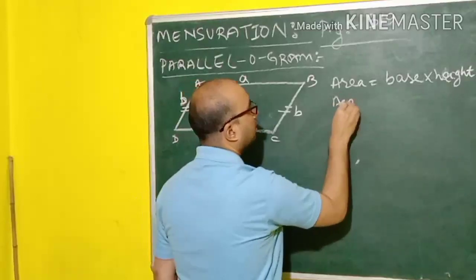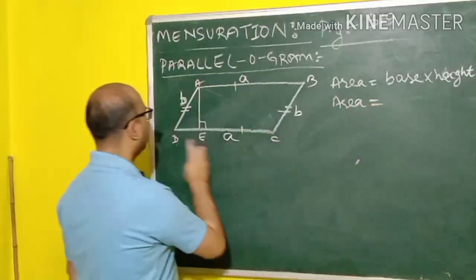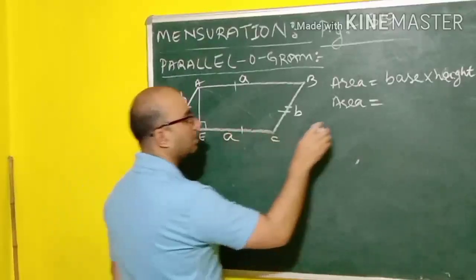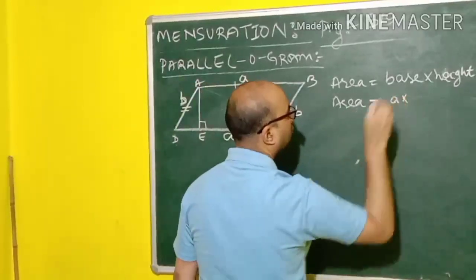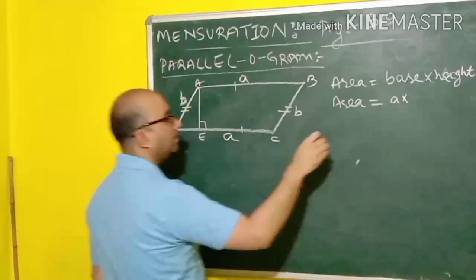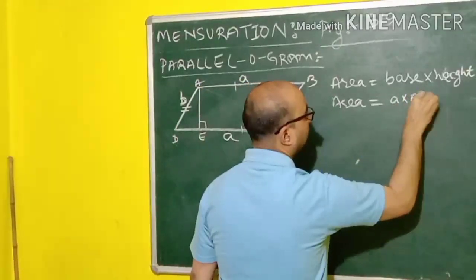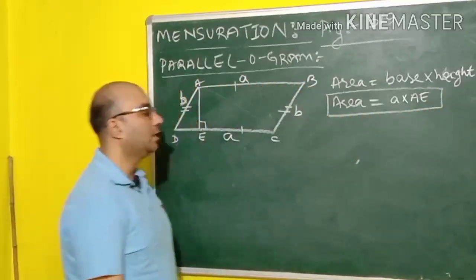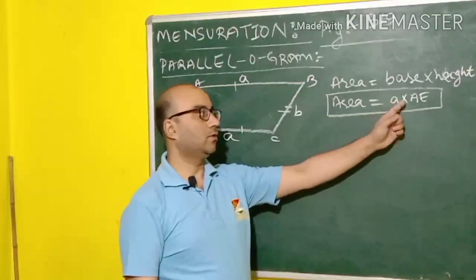So in this case the area will become, what is our base? Our base will become CD or A into what is our height? Our height is AE. So for this figure, what will become the area? The area will become A into AE.